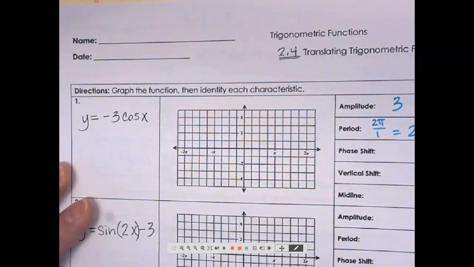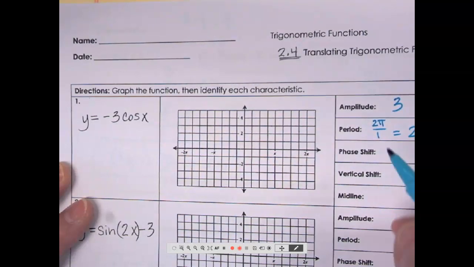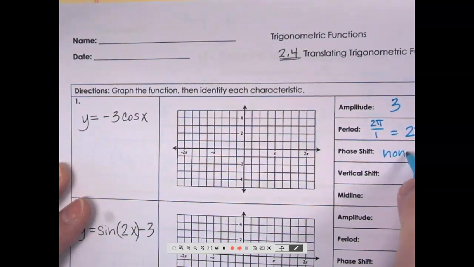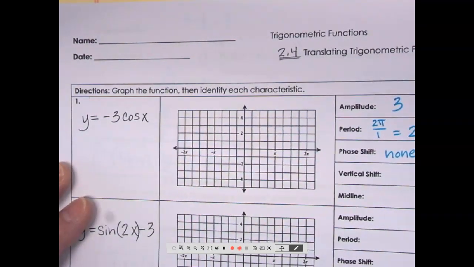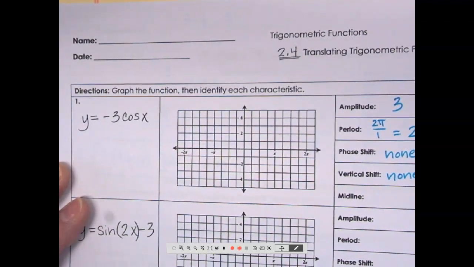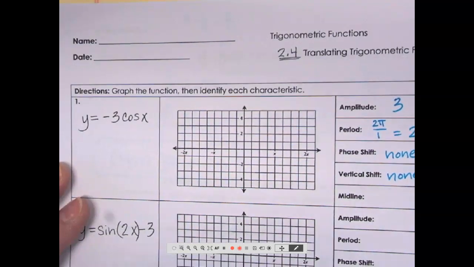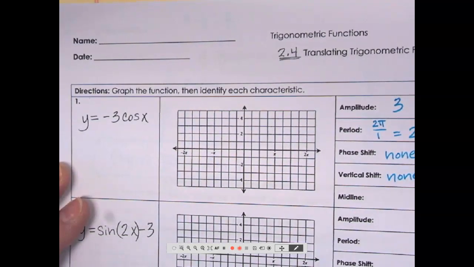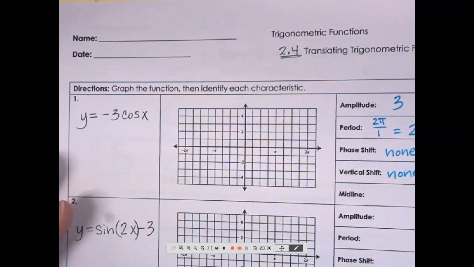Do I have a left-right phase shift? Nope. Do I have an up-down vertical shift? Nope. Is it reflected? It's not listed, but is it? Yes. And what's the midline? So where's the line that I'm going to shift over and under, over and under?